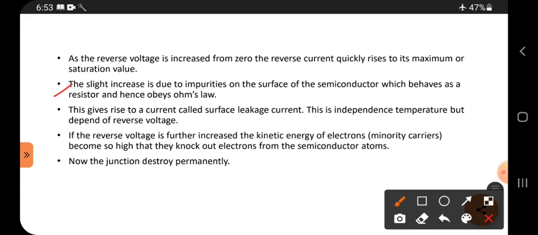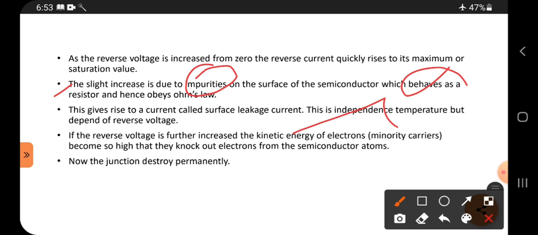The slight increase is due to the impurities on the surface of the semiconductor, which behaves as a resistor and hence obeys Ohm's law. So the slight increase is because of impurities on the surface behaving as a resistor.